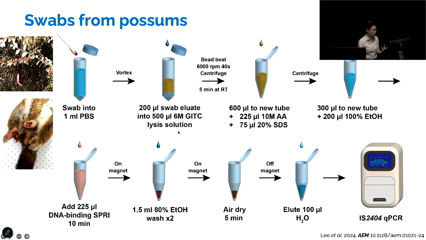If you were going to use this method up front, I would recommend inoculation of the swab directly into the lysis solution, so you remove the dilutional effect from the PBS step. And for this particular method, we processed a larger volume of the original sample, because it's a less common sample type, so we didn't require the downscaling to process it in a 96-well plate as we did for the possum scat method.